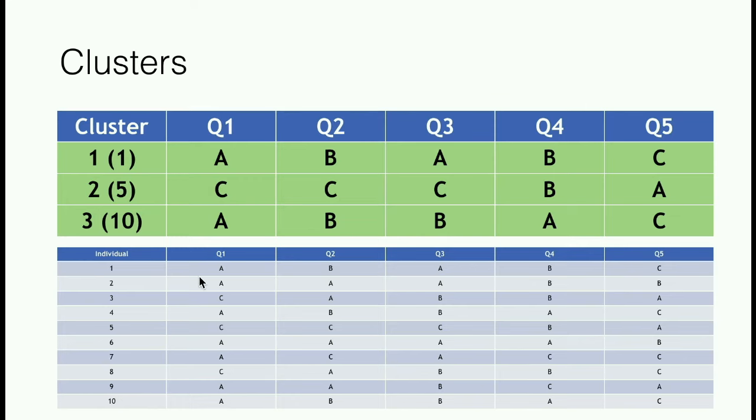So cluster 1, individual 1: A, B, B, A, B, B, C, C. And the same with cluster 2 and individual number 5. So that's the first step, to initialize the clusters at random by choosing some instances from your data record or analytical record, whatever you want to call it, and run with that as your first 3 clusters, or however many clusters.